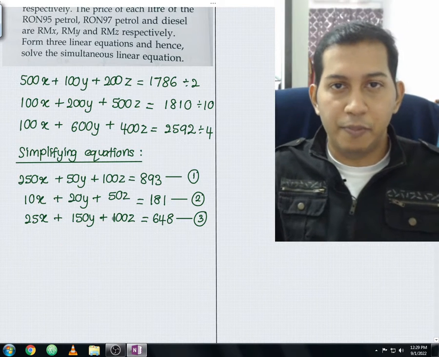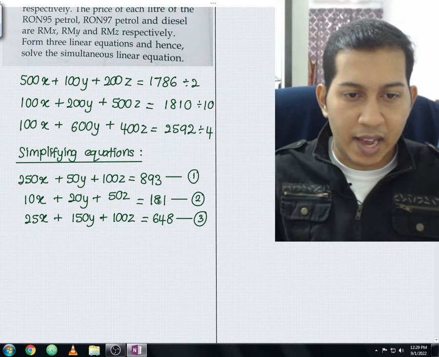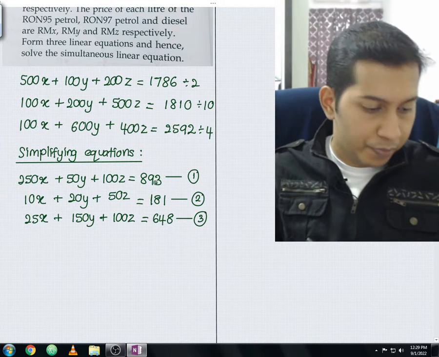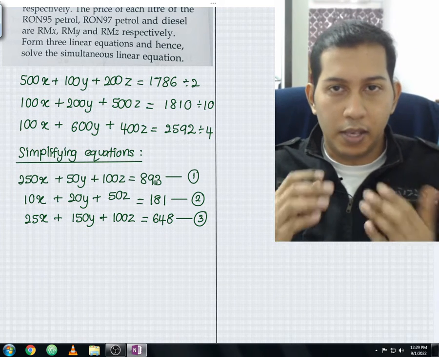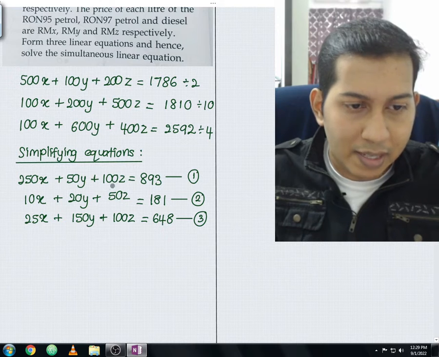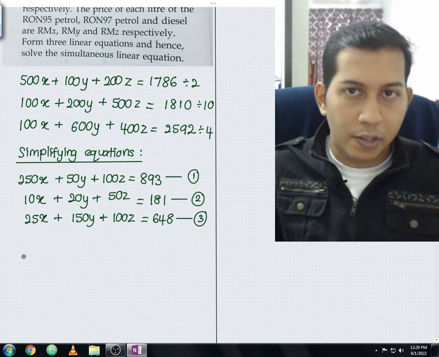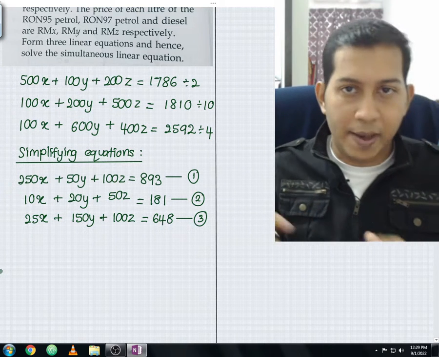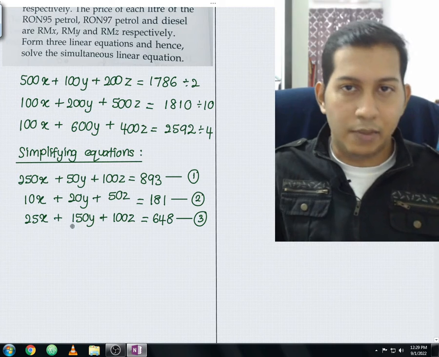In order to perform that, you need to do it for 2 times, by selecting either one of the 2 equations. Which variable you want to choose is up to you, but in this case, I'm going to choose the variable Z to eliminate first. So let me write down in the working here, reducing 3 variables to 2 variables, preferably Z variable.